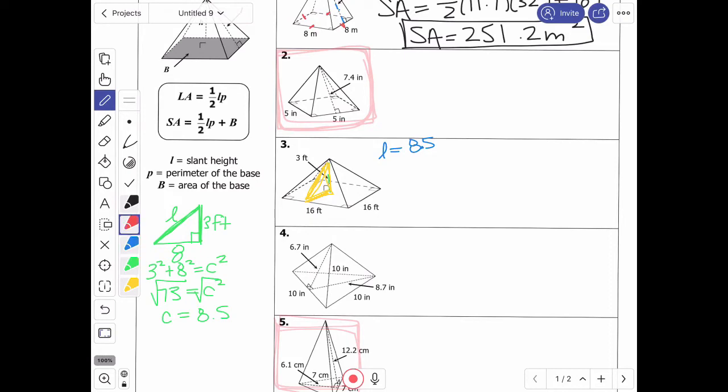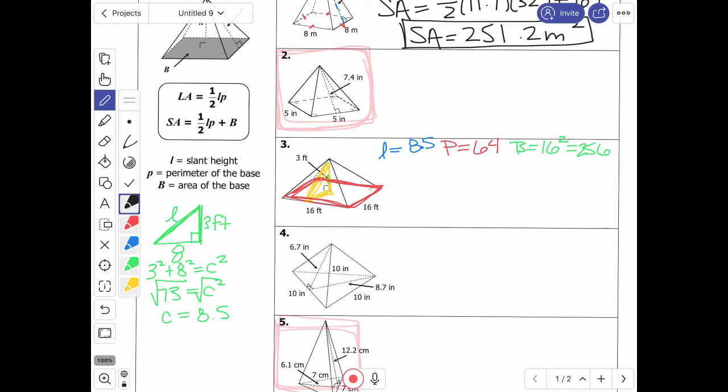Next, I want to find the perimeter of my base. So the perimeter would be going all the way around here. So it's really going to be 16 times 4, which would give me a perimeter of 64. And then I need to find my base area, which is a square, so it's just going to be 16 squared to give me 256.